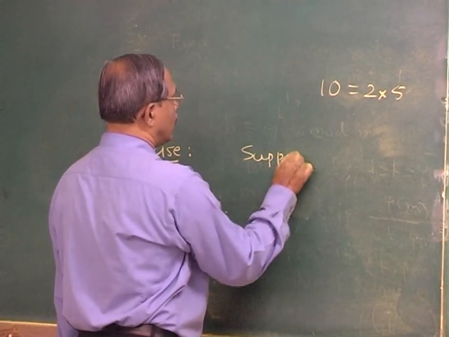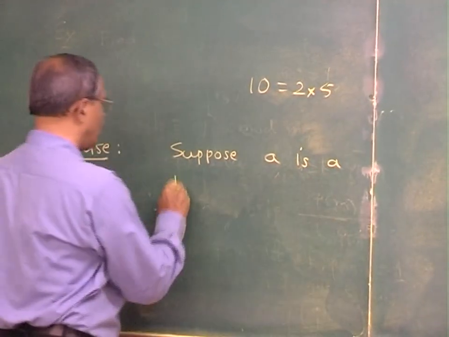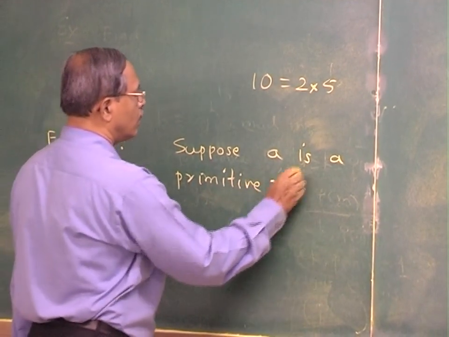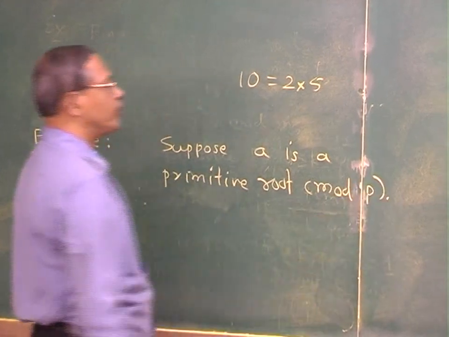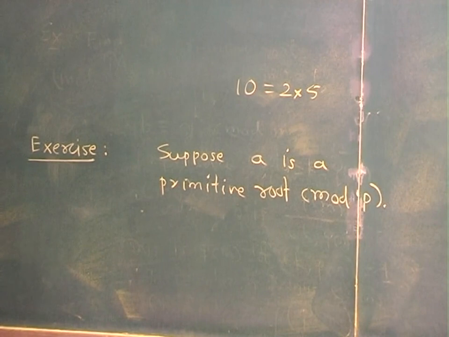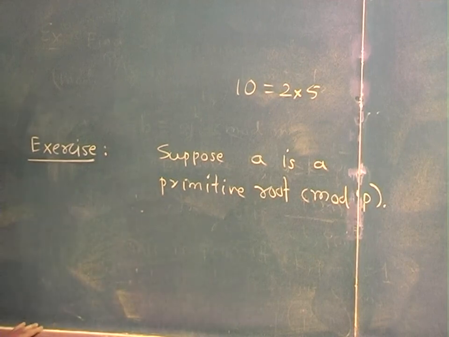Suppose A is a primitive root mod p. A itself can sometimes be a primitive root mod 2p.